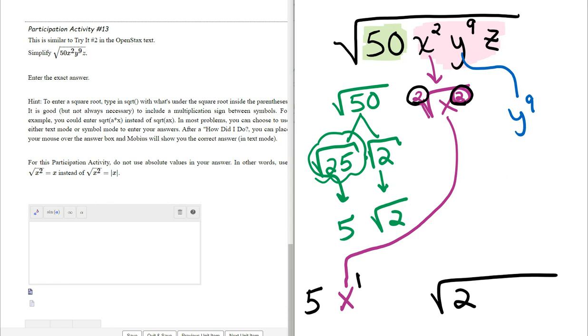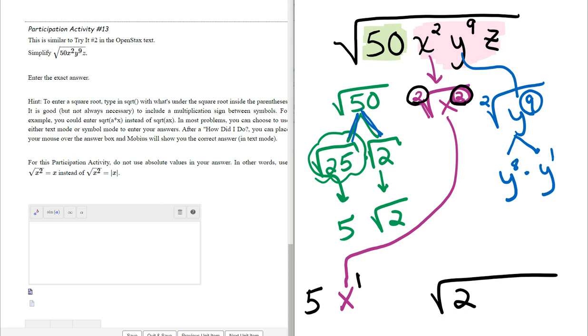The y to the ninth, however, since this 9 is an odd number, 2 does not divide in there evenly. So you're going to break this down much like we did the 50, with a square rootable exponent, or an exponent that's divisible by 2.